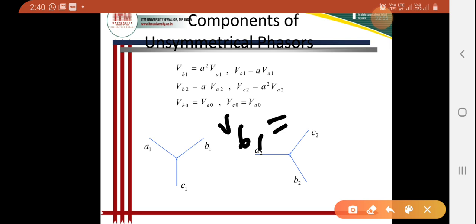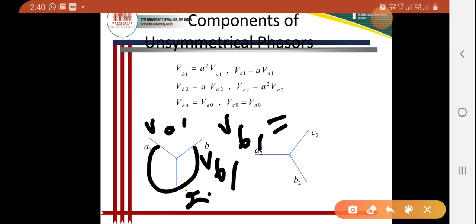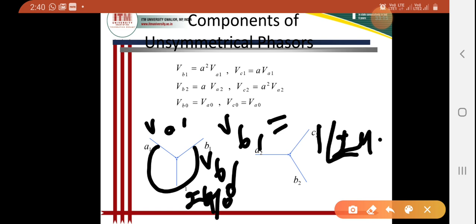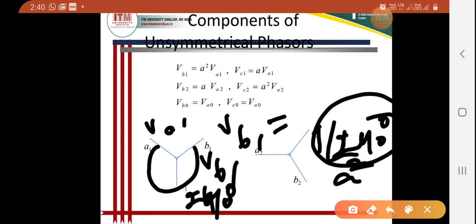What is the angle between VA1 and VB1? The angle is 240 degree. If I want to write unit magnitude at 240 degree, this is our A square. So I can write VB1 as A square VA1.